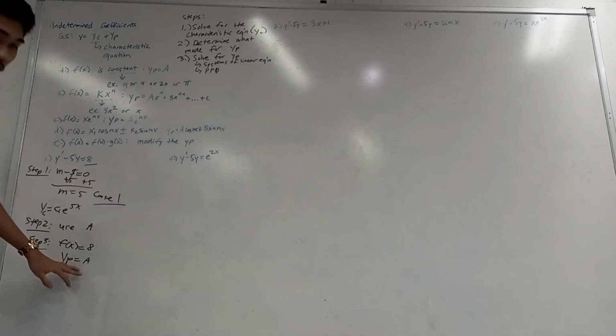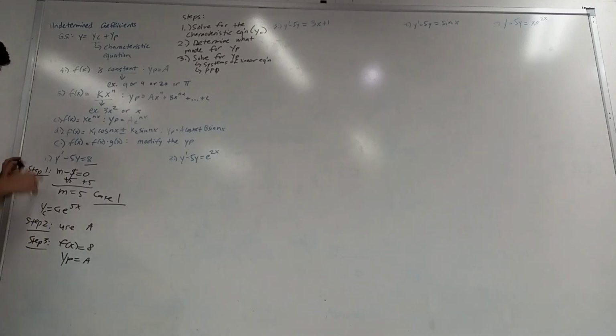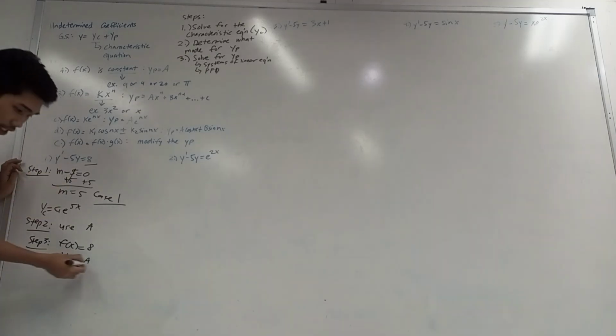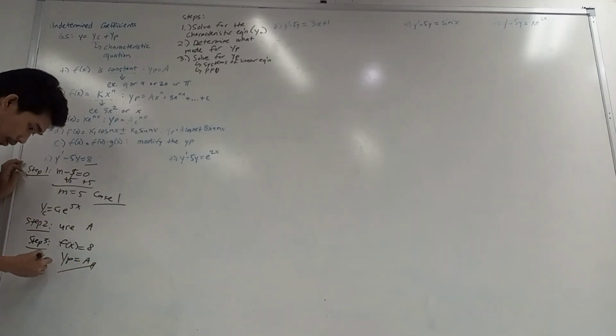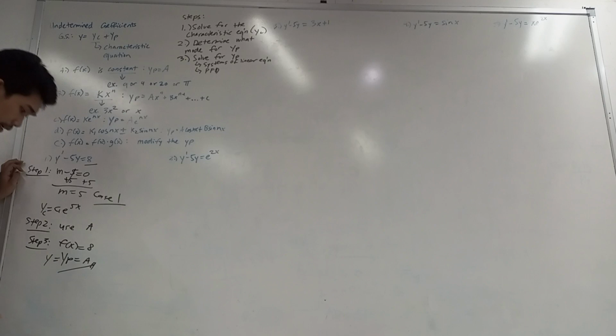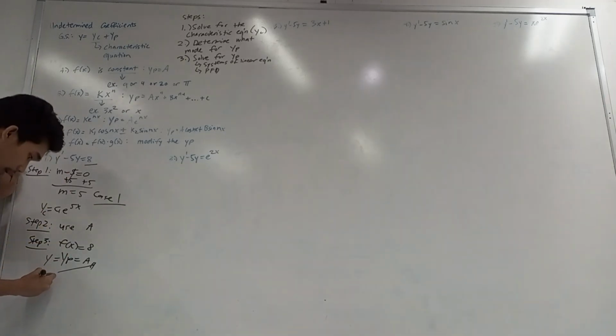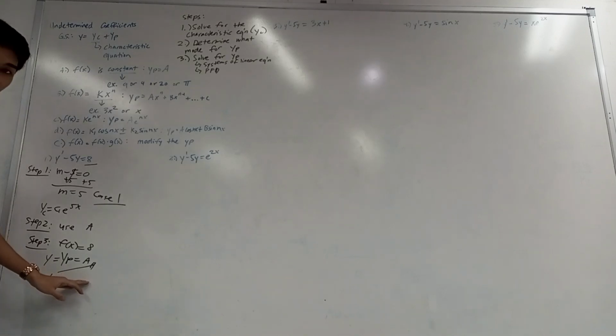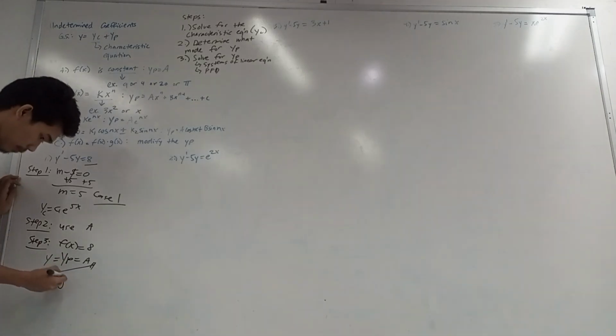So, pag solve ngayon sa yp, makita natin na y prime and y ang ating kailangan. So, meron na tayong y which is yung a. Ngayon, kailangan natin i-solve yung y prime. Y prime natin is derivative ng a which is 0.